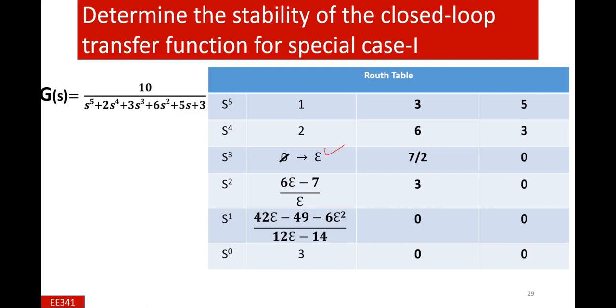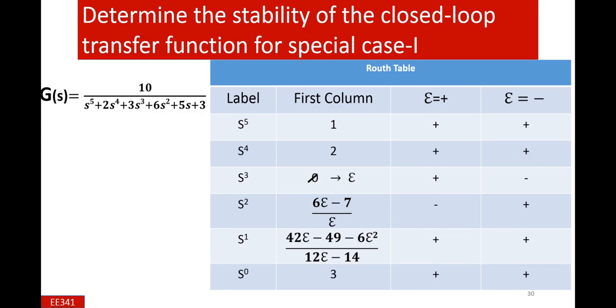By using this row, we can find the next elements. First element is non-zero and the next two are 0, and similarly the last element will be 0 by using these two above rows. So this is the way to handle the 0 in the first column in a row.